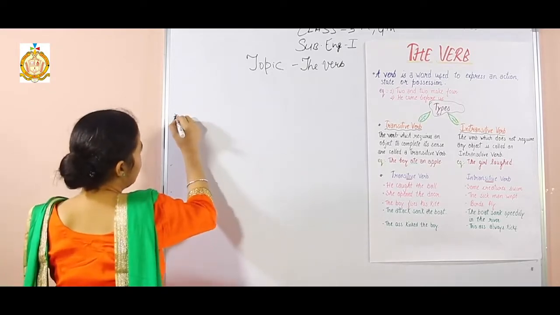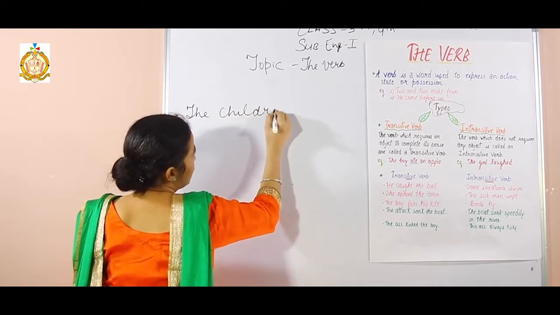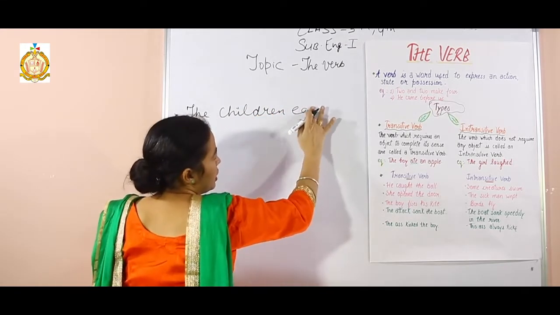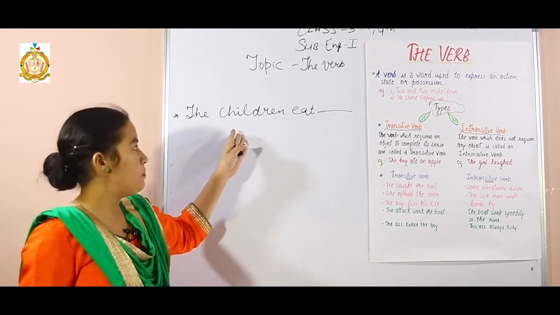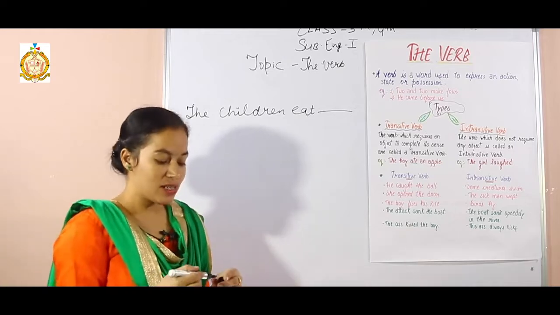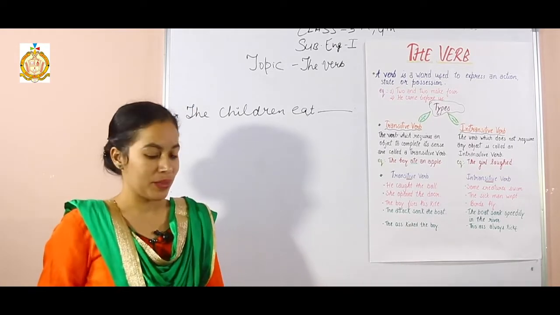Like, the children eat. This is a simple sentence. The children eat. But it is not clear which thing children are eating.